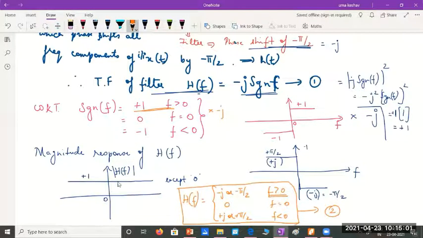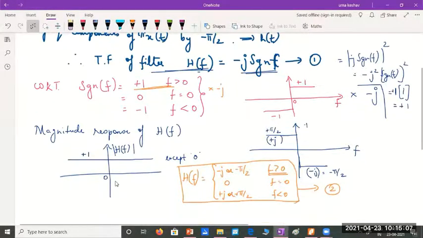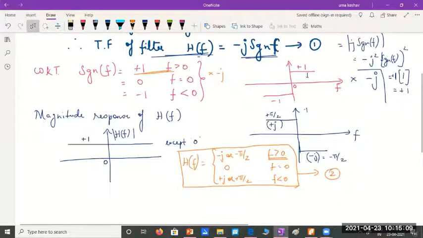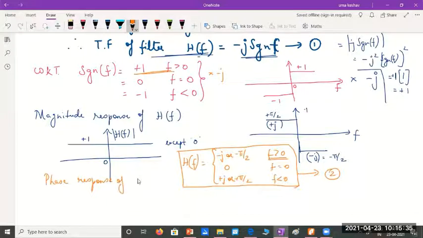Now, I am plotting the magnitude response of this filter, which is, how do I find the magnitude? I told you, I just have to take the square of the given transfer function. And when I find the square, except at 0, at all other points, it yields the value +1. Similarly, if I try to draw the phase response, what would the phase response of this filter be? So angle of h of f.